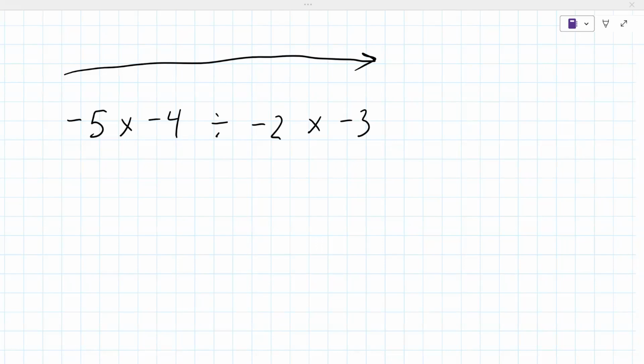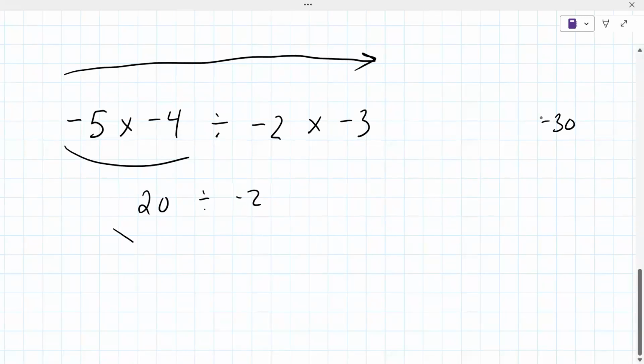My final answer is -30. Okay. -30, you say? All right. So this is 20 divided by -2. That's -10 times -3 is +30, because they're both negative.